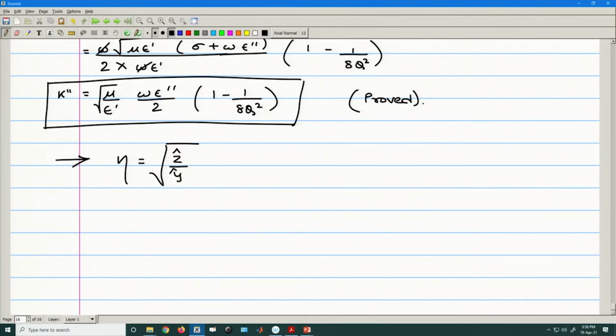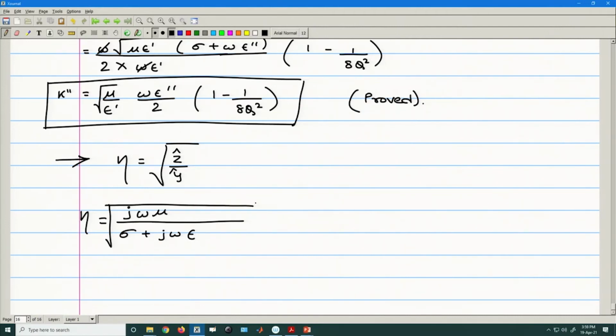So again we will substitute for z cap and y cap and proceed in a similar manner as the previous one. So you can write eta as, z cap will be j omega mu upon y, which is sigma plus j omega epsilon. So this is our eta.